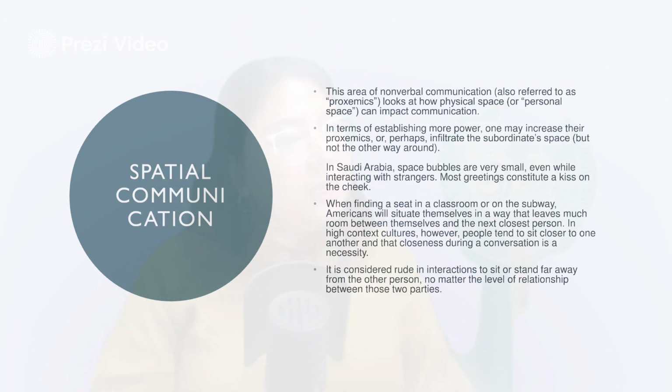However, when finding a seat in a classroom or on the subway, Americans will situate themselves in a way that leaves much room between themselves and the next closest person. In high context cultures, however, people tend to sit closer to one another, and that closeness during conversation is a necessity.